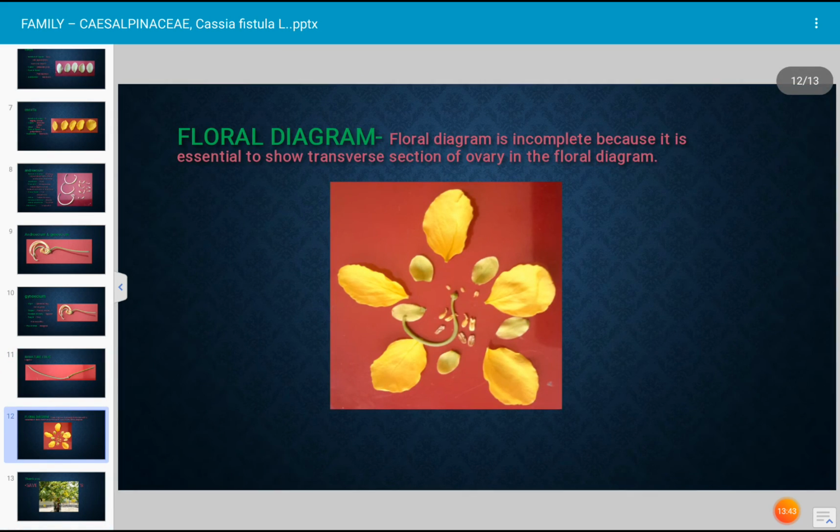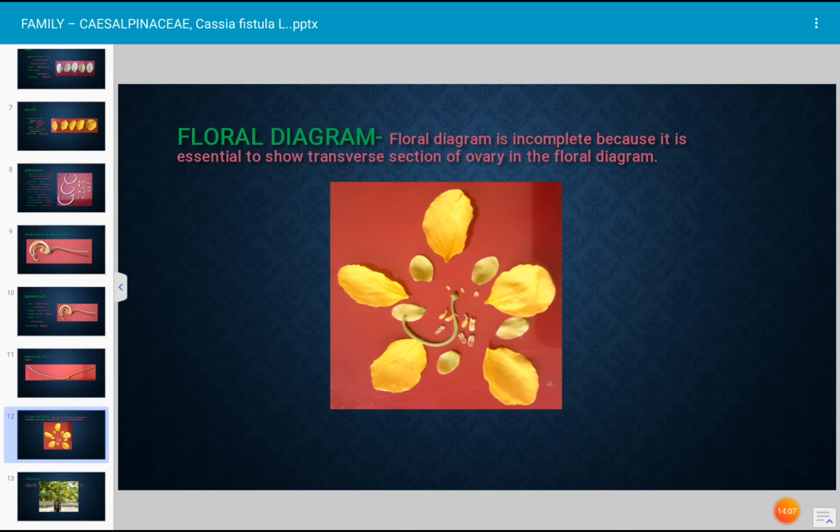Here we have tried to show you the idea of a floral diagram. This floral diagram of Cassia fistula, family Caesalpiniaceae, shown in the photograph, is an incomplete diagram because it is very essential to show the transverse section of the ovary in a floral diagram.